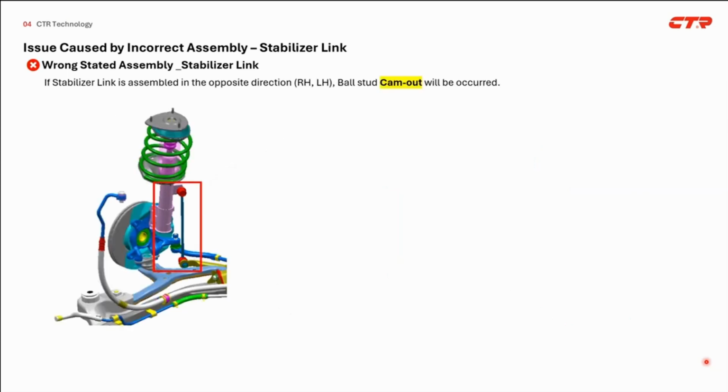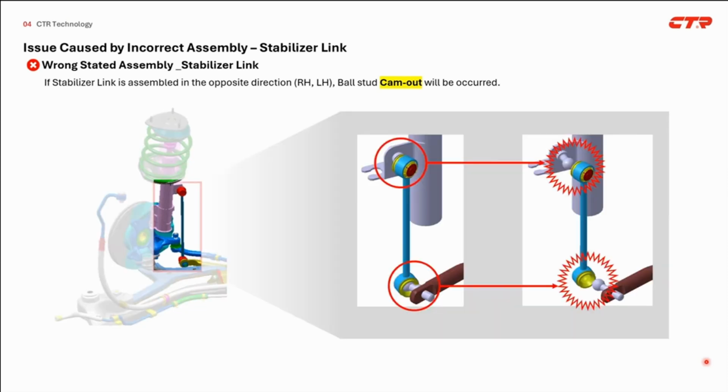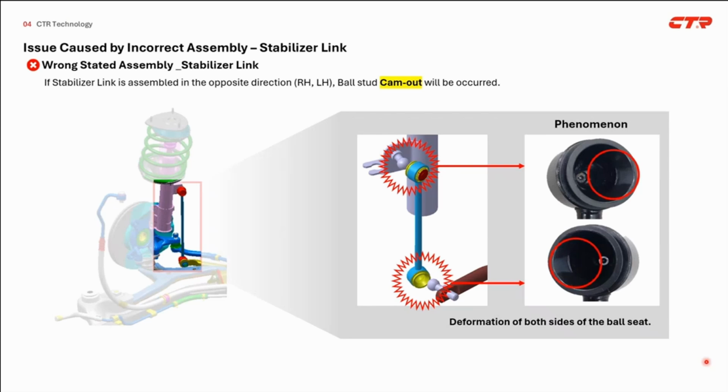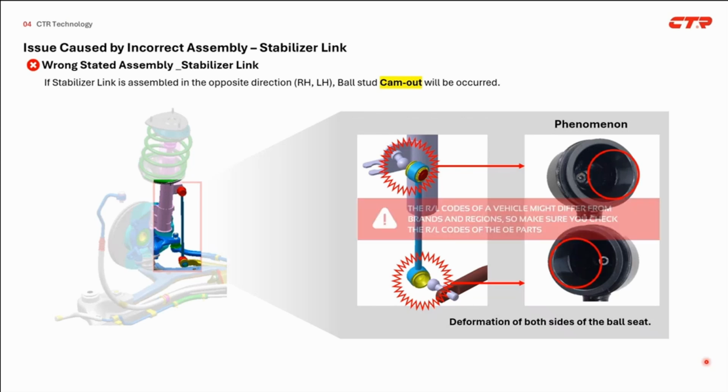But some engineers make a mistake and assemble the stabilizer link in the wrong direction, which means they assembled the left-hand product in the right-hand direction and the right-hand product in the left-hand direction. If assembled in the opposite direction, as shown in the picture, it would cause it to come out. As shown on the right side, upon analyzing the defective product, we observed deformations on the inner left and right parts.